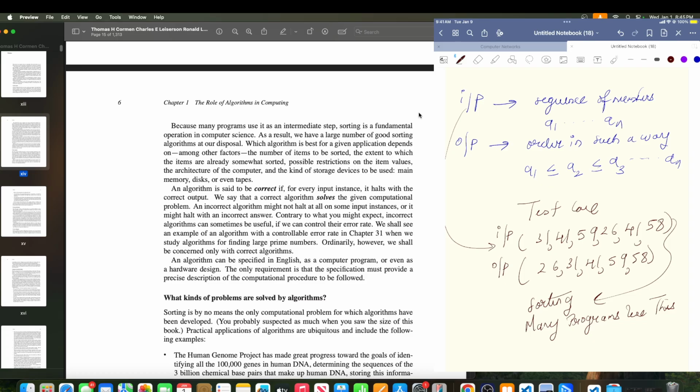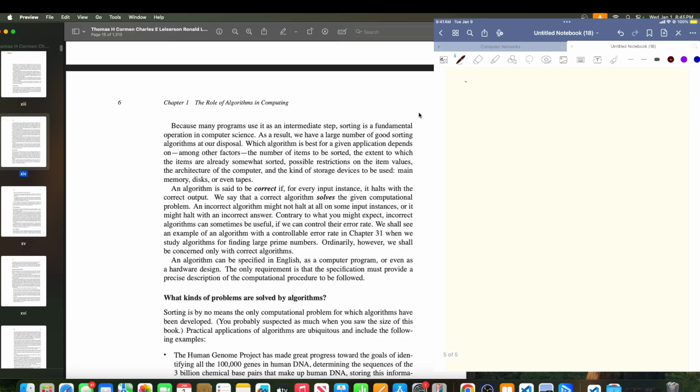An algorithm is said to be correct if for every input instance it halts with the correct output. Now, you're saying factors that affect the algorithm. The first is, what is the input? What input have I provided? Then, are the numbers sorted already to some extent?